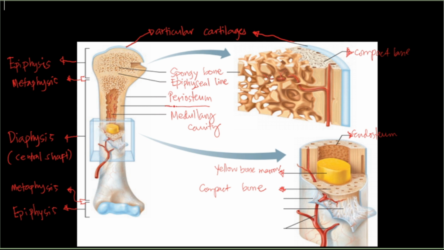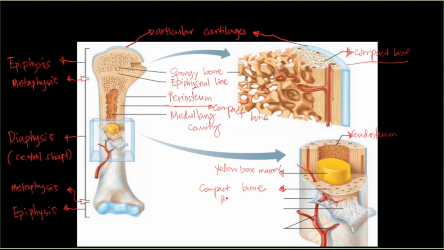Actually, I would like to connect the line here. This is also the compact bone, which is also the same here. If we enlarge this part, this would give us the new version. Another version in this part is your compact bone, and next to it is your periosteum.